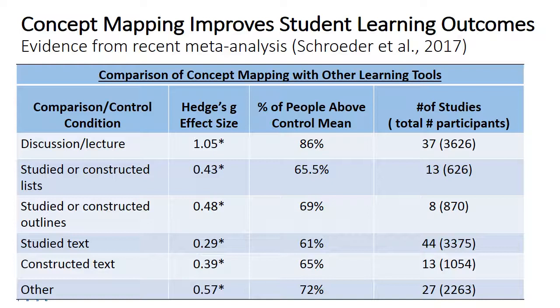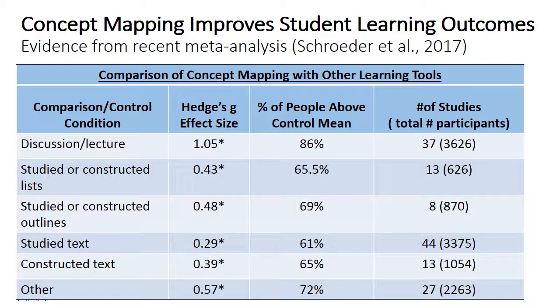I'm just going to show you the rest of the table here because this meta-analysis included a number of studies and was able to compare concept mapping to various kinds of learning tools. One basis of comparison in 13 studies was studied or constructed lists. Studied means instructor provided, constructed means the students created them.